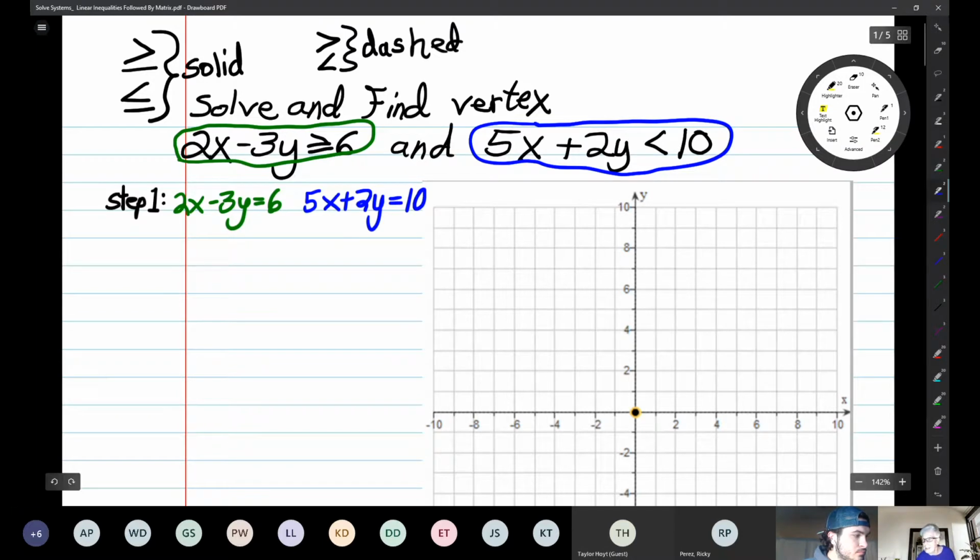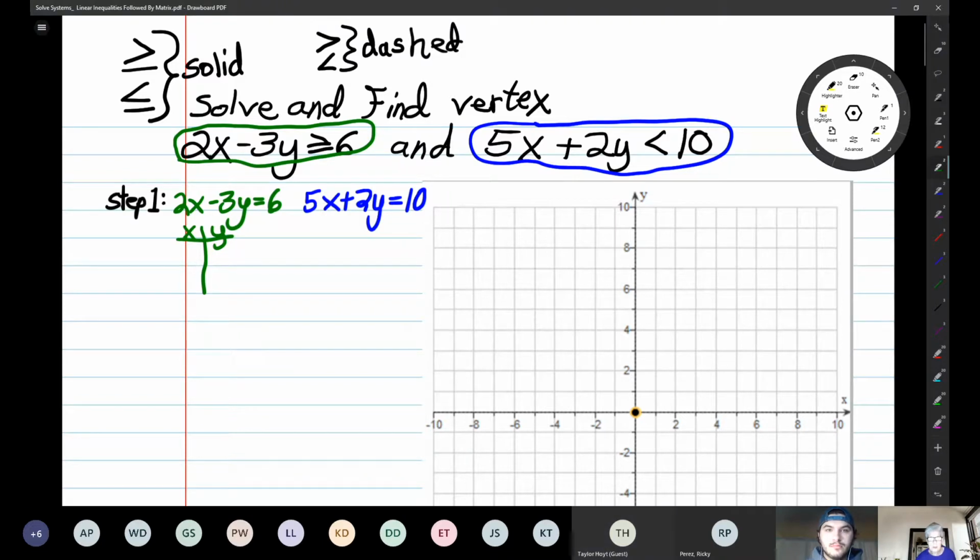Now to graph any line, we need 2 points. So with standard form lines, it's just easier to make an X and a Y table.